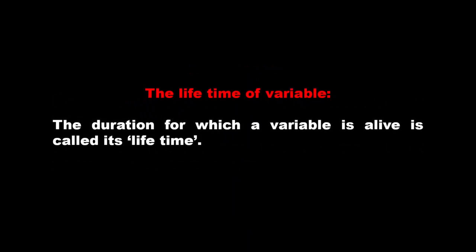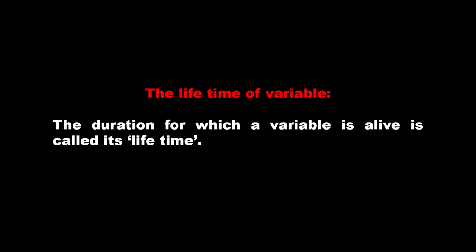What is the lifetime of a variable? What do you mean by lifetime of a variable? The duration for which a variable is alive is called its lifetime. So, how far can a variable withstand in a program? It's known as the lifetime of the variable.